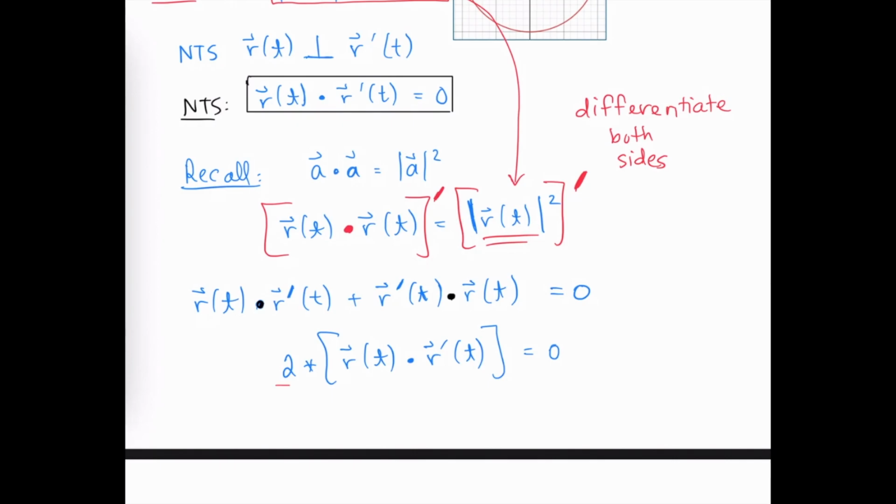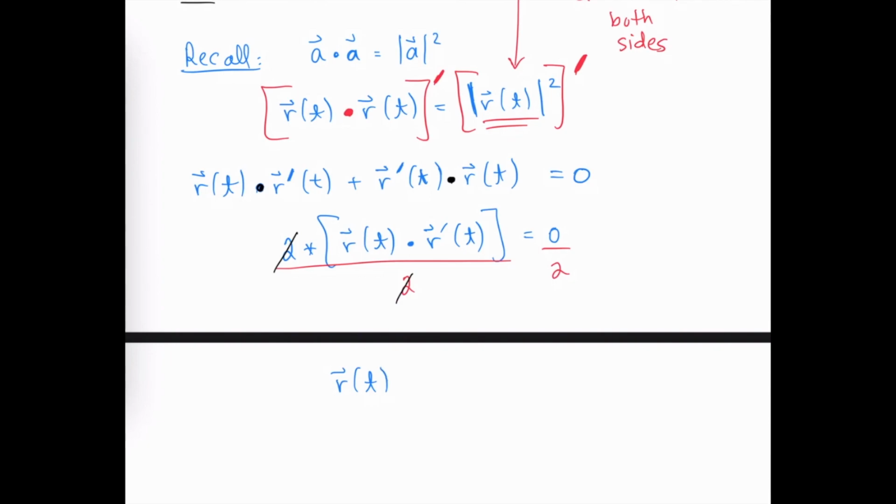And then if I just divide both sides by 2 here, we get our desired outcome, which is that r dot its derivative is equal to 0, which tells me therefore the position vector must be perpendicular to its derivative. And since we showed that this was true in the general case where the value of the parameter was t, then this is true for any value of the parameter that is in the domain of the function.